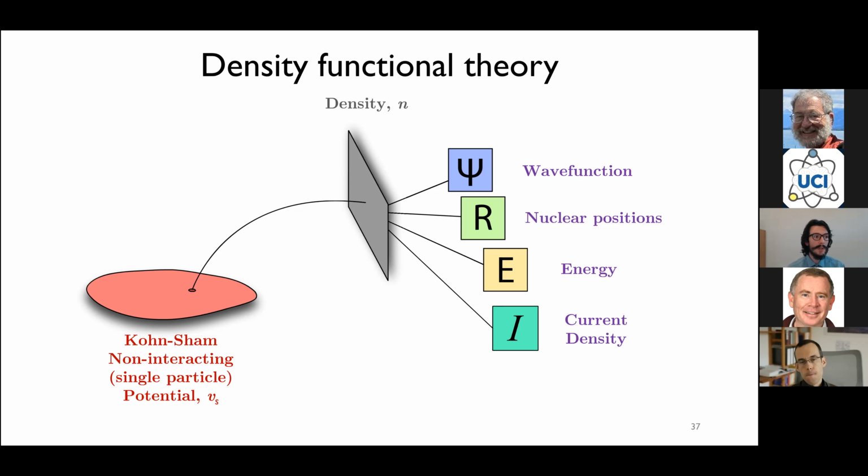The real key to density functional theory is you try and come up with some density, and from that density, you get all the properties that you might ever want. That includes wave function, nuclear positions, energy, and current density if you're doing things like NMR.